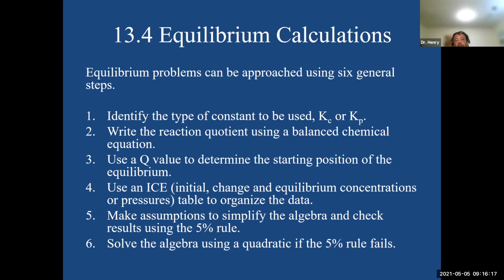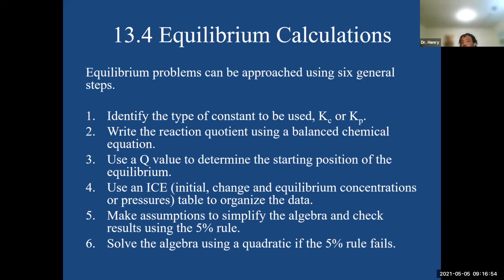Okay, so the next thing that we want to talk about is how to use the equilibrium constant for calculating values. There's basically 6 steps. The first thing that you always want to do is identify the constant that's going to be used. You want to know if you're going to be using a Kc or a Kp, and you may end up having to use a combination of both, converting Kc to Kp or Kp into Kc.